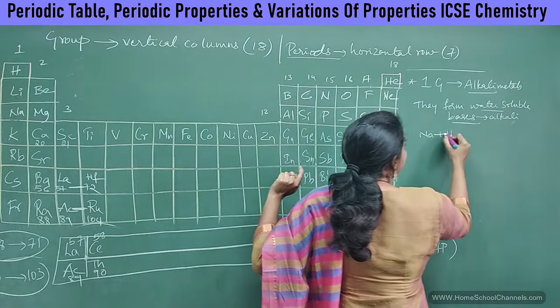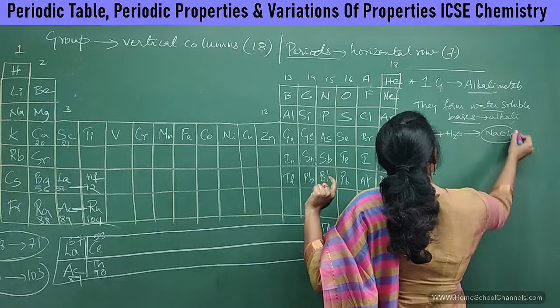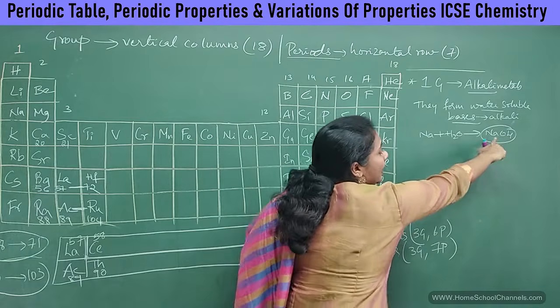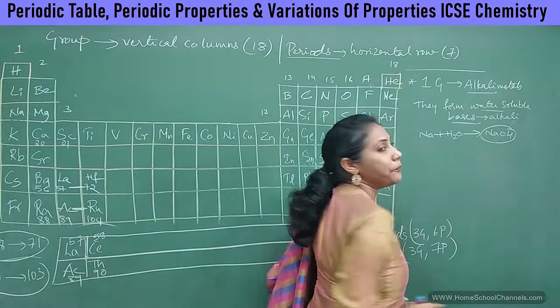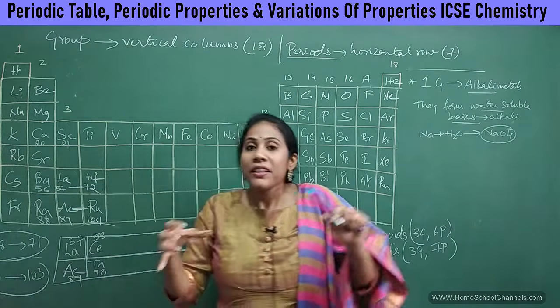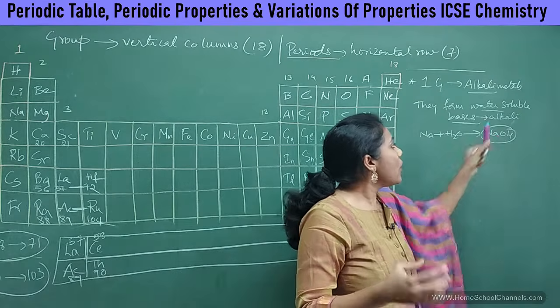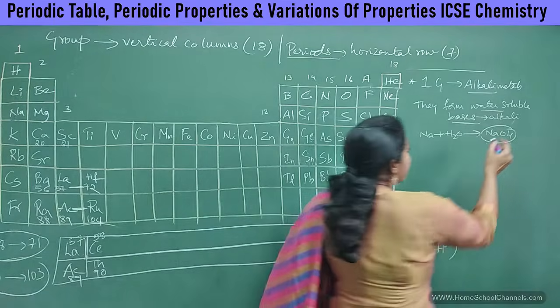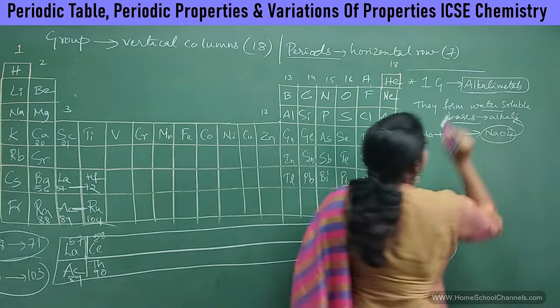When you add this into water, you will get the base NaOH, and this base is soluble in water, and this is called with the name alkali. Okay, so every element, lithium, sodium, potassium, rubidium, the moment you put them in water, you will get water soluble bases. Okay, so that's the reason they are called with the name alkali metals.